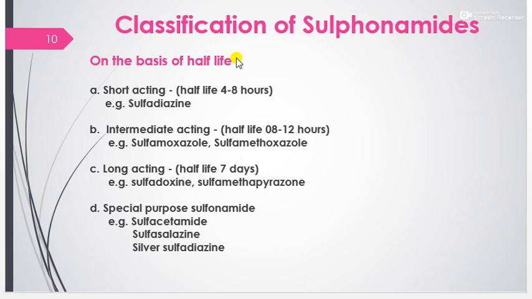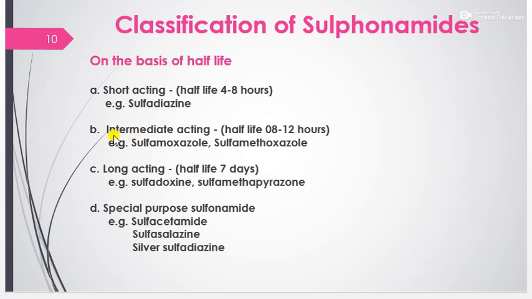Now, next point is classification of sulfonamides. On the basis of half-lives, these are classified into short-acting, intermediate-acting, long-acting and special purpose sulfonamides. First, we will see the short-acting sulfonamides. These have a half-life between 4 to 8 hours, and the example is sulfadiazine.